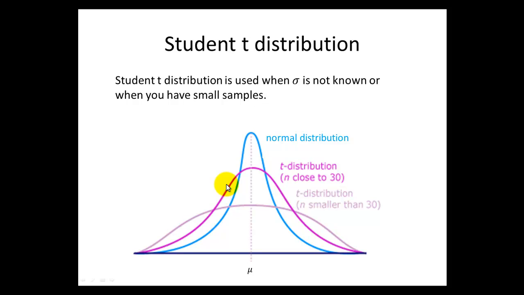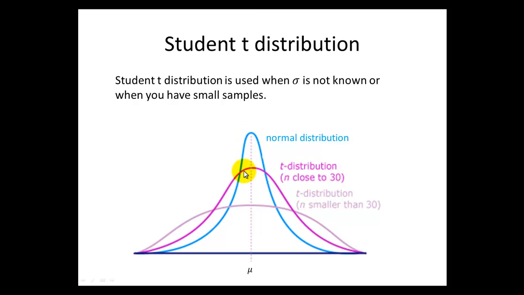The student t distribution isn't that much different than our normal distribution. Our normal distribution is in the bright blue color right here. A student t distribution is also symmetric and bell-shaped. It's just that it's a lot shorter, thus wider on the edges than your normal distribution.